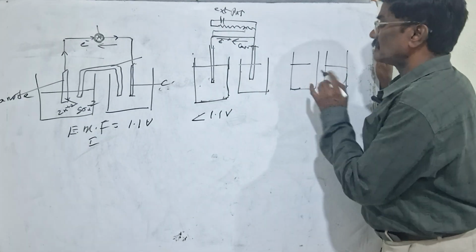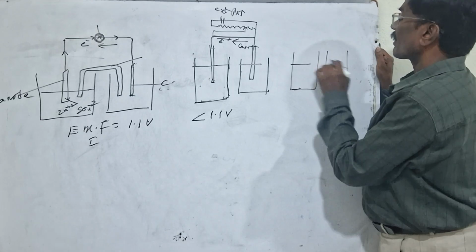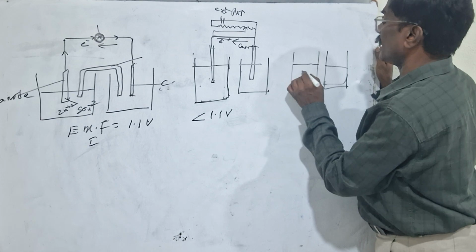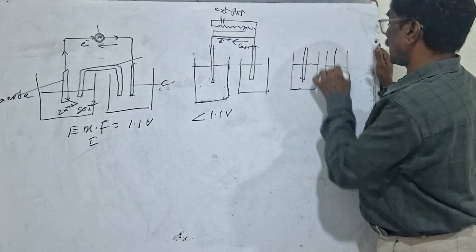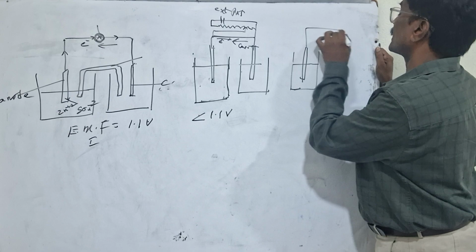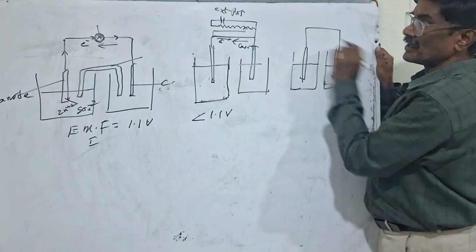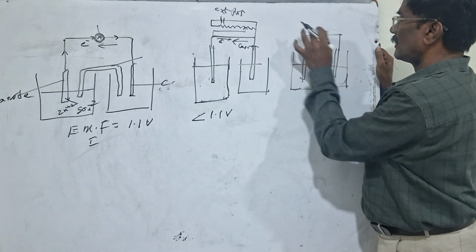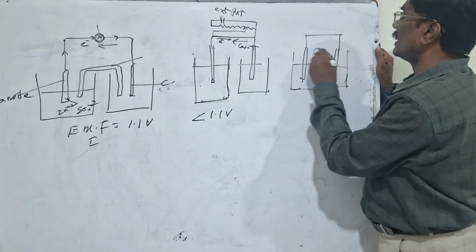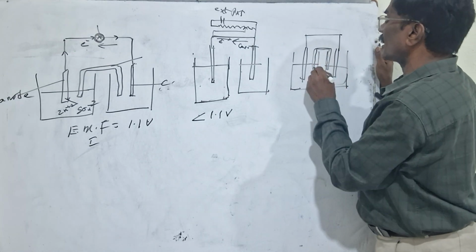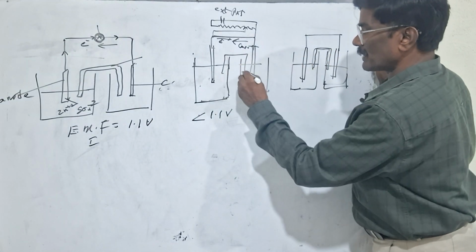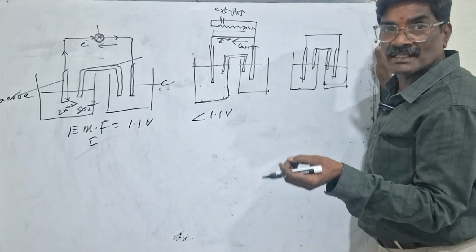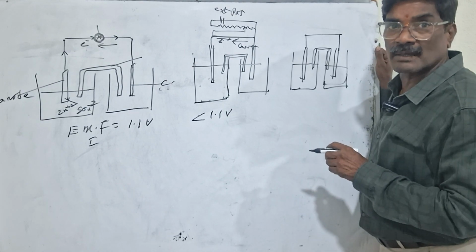But here we are slowly increasing the external potential. This is a zinc rod, this is a copper rod, connected externally by copper wire, and internally by a salt bridge, don't forget. This is also an important point from a competitive examination point of view.